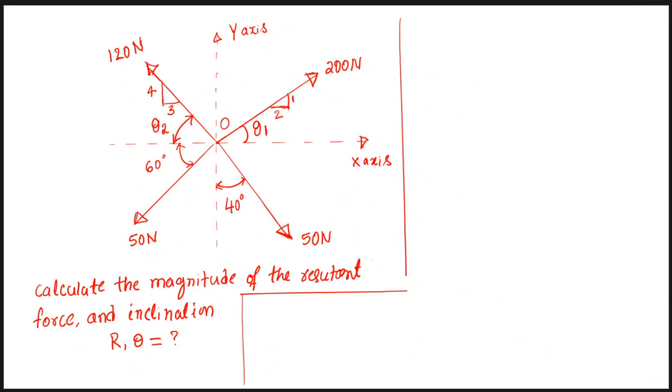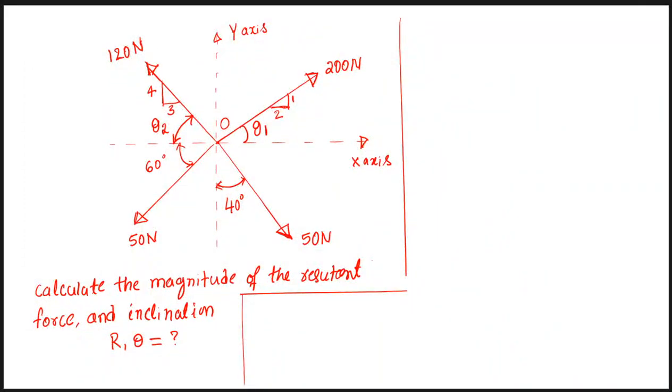Whereas the inclination of the 200 Newton force is not given directly, but it has been specified in terms of slope. Means the 200 Newton force is inclined one vertical to two horizontal to the x-axis.